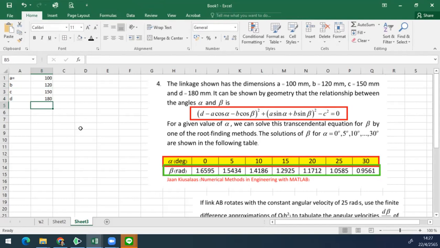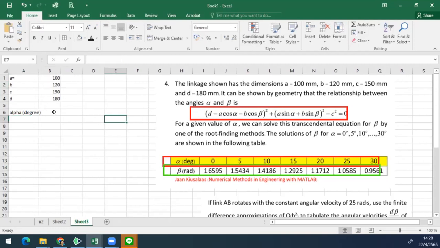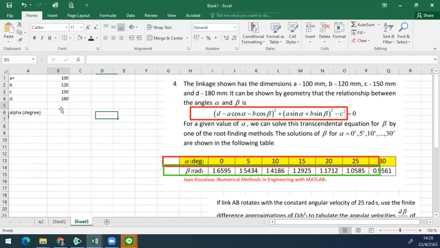And we would like to determine alpha also. Now it is in degrees, right? That's maybe the input, and I would like to convert it to radian first.